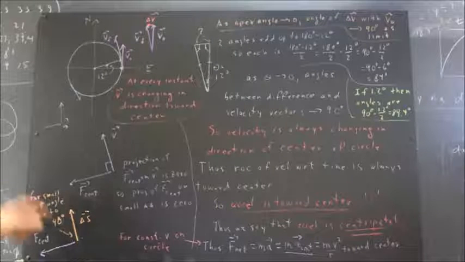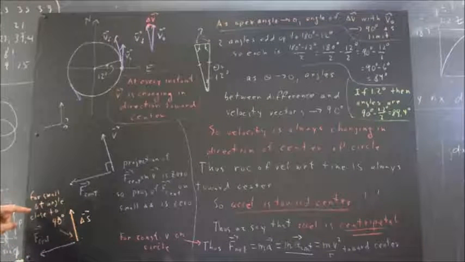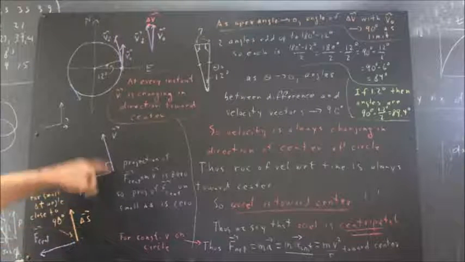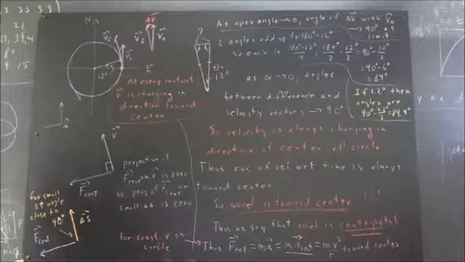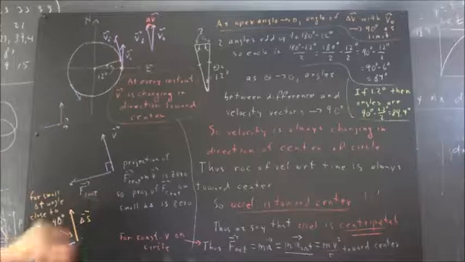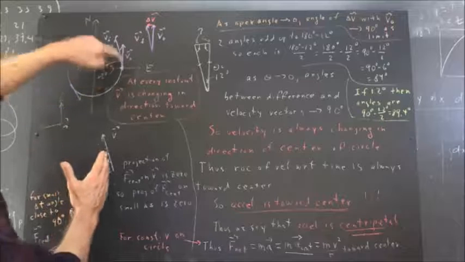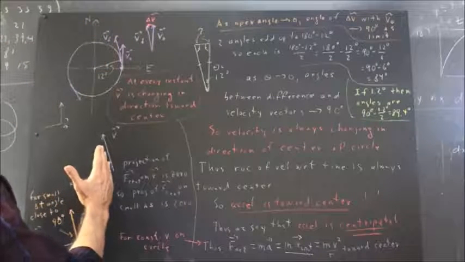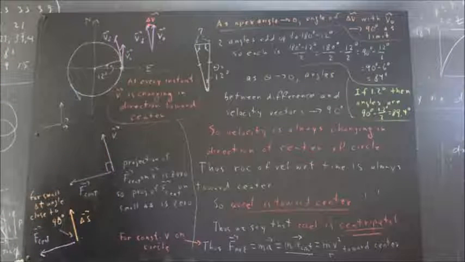For any short time interval, for small delta t, our delta s is going to be very nearly in the same direction as our v. Now, in even a short time interval, since we've moved a little ways around the circle, our velocity will change direction very slightly.